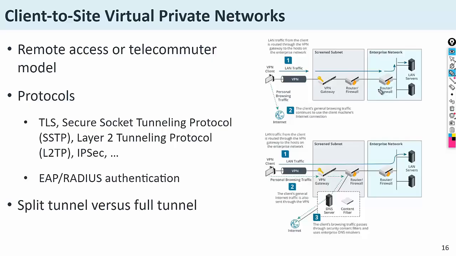So first, understand what a virtual private network is. A virtual private network is nothing but creating a VPN and making a network virtually. So there is a possibility that this client, the VPN client, is a person working from home.